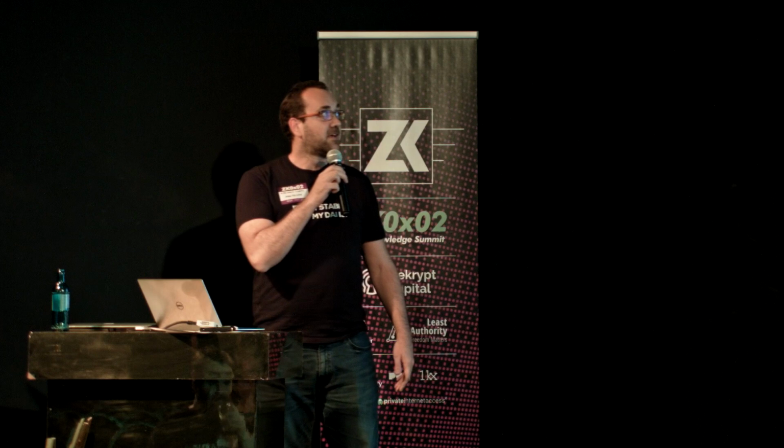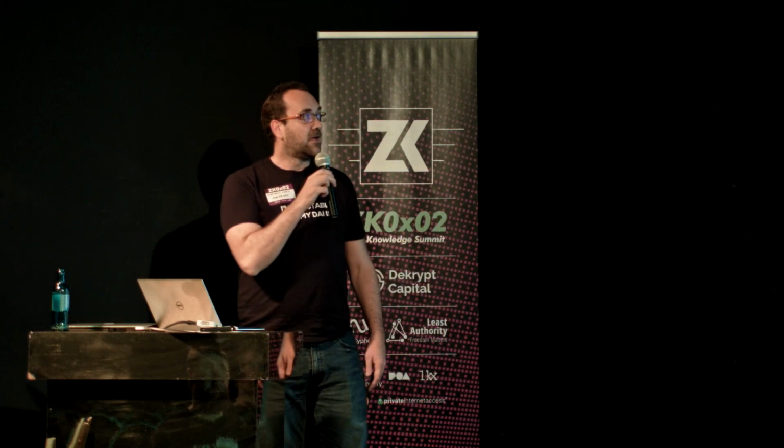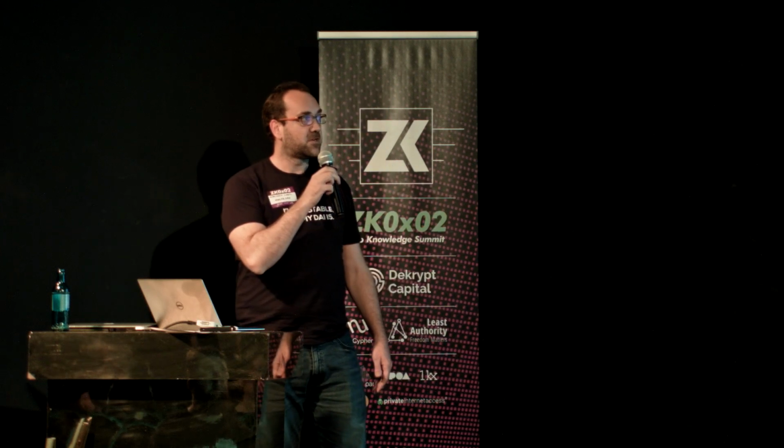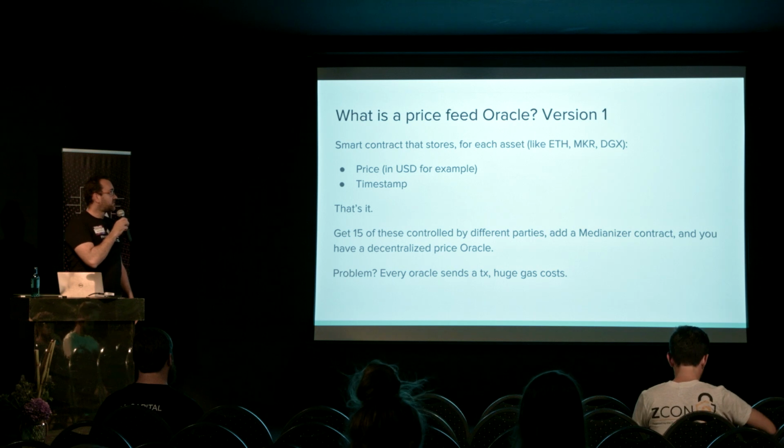And if you get like 10 or 15 of these controlled by different parties, you essentially have a decentralized Oracle network, and you plug in a medianizer contract, which reads from all of these and calculates a median on these prices. Then you have a real decentralized price feed Oracle, and this is what we use to control the prices on the DAI credit system.